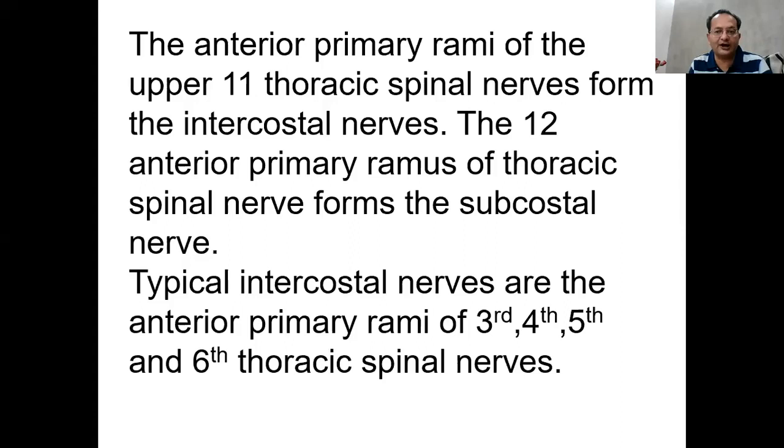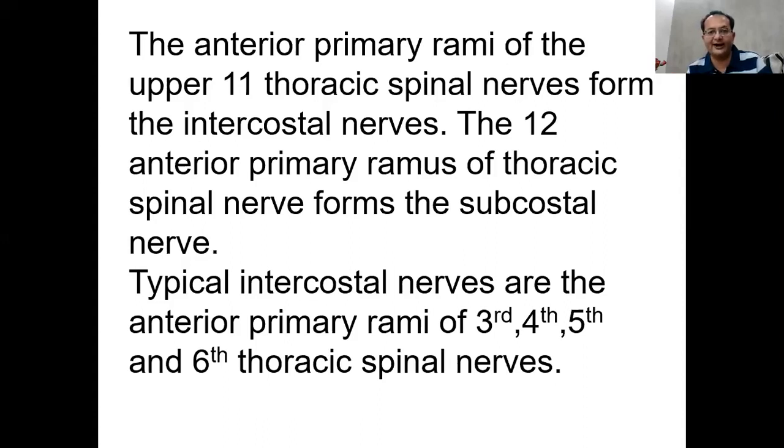Typical intercostal nerves are the anterior primary rami of the 3rd, 4th, 5th and 6th thoracic spinal nerves, because they are restricted to their own spaces. First anterior primary ramus takes part in the formation of the brachial plexus, along with C5, C6, C7, and C8.